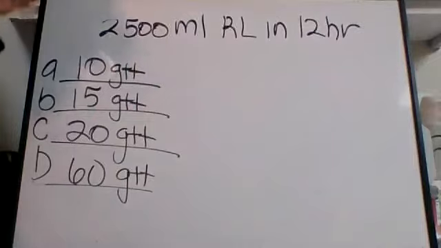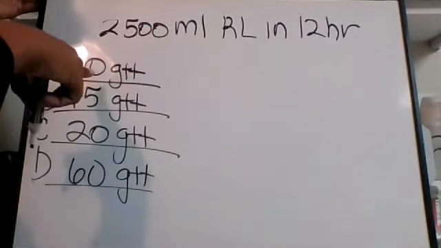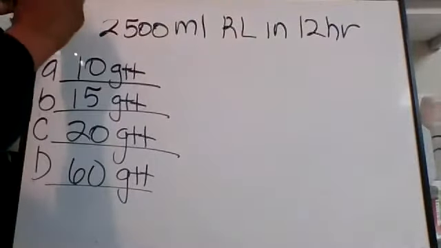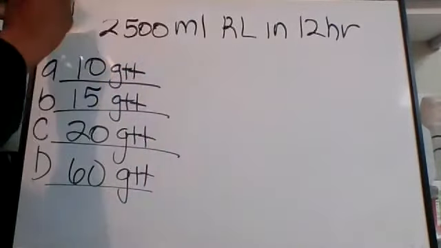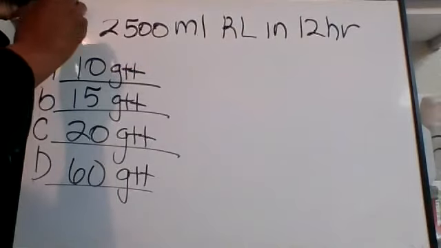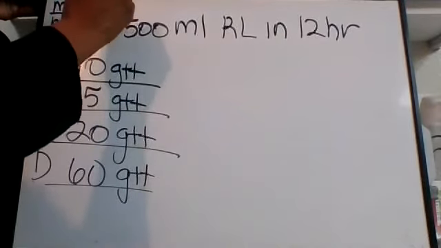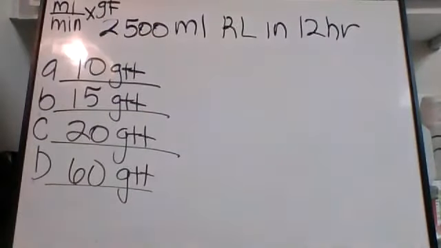All right, so the first step, we already have the drop factor, right? So we need to convert this to minutes because that's this problem, right? Milliliters to be infused divided by the minutes times drop factor. So we take our 12 hours, times it by 60, and that gives us 720.